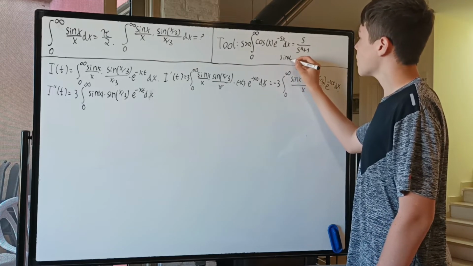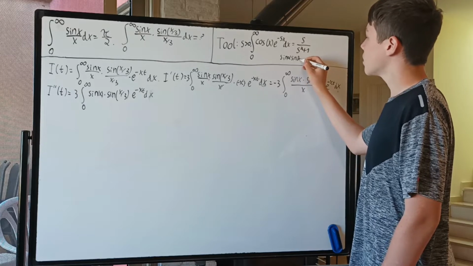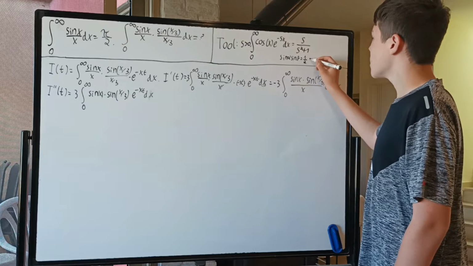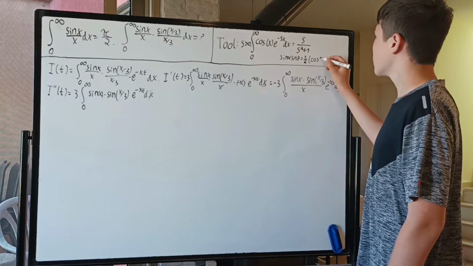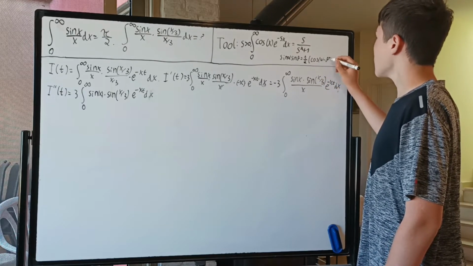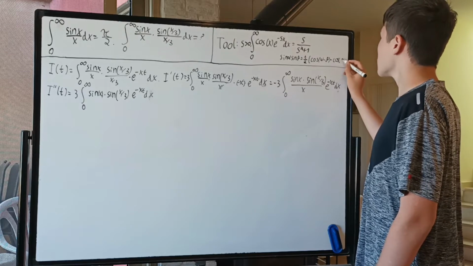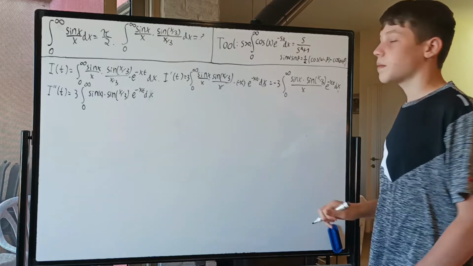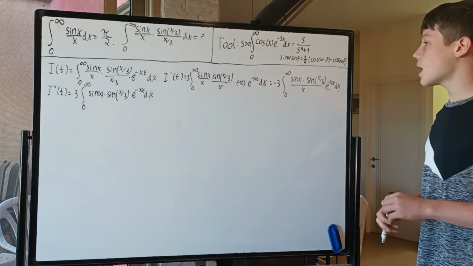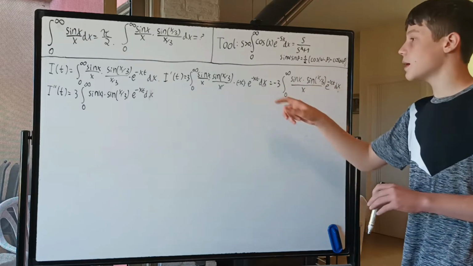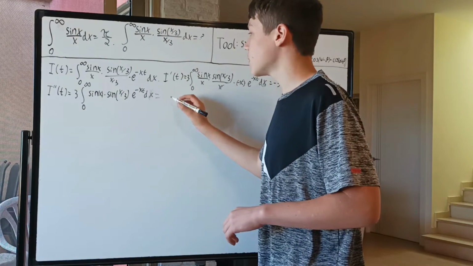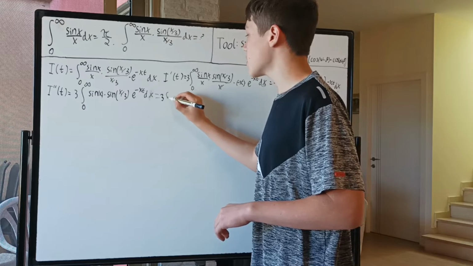Sine alpha sine beta is half of cosine of alpha minus beta minus cosine of alpha plus beta. So in our case, alpha is x and beta is x over 3.